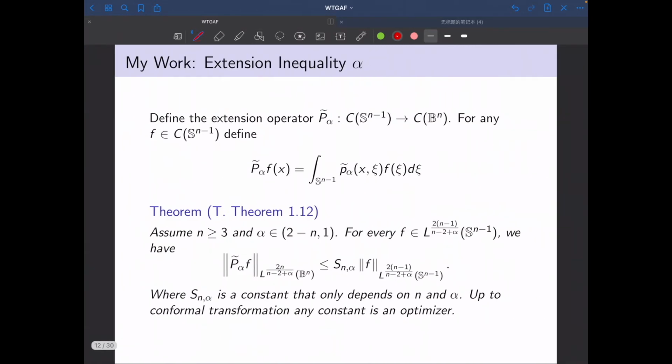And then I considered the extension inequality with alpha, with the extension operator P alpha defined with the explicit formula over here, to begin with, which is consider a continuous function on the boundary and then extend it to a function that is continuous in the interior of the unit ball.